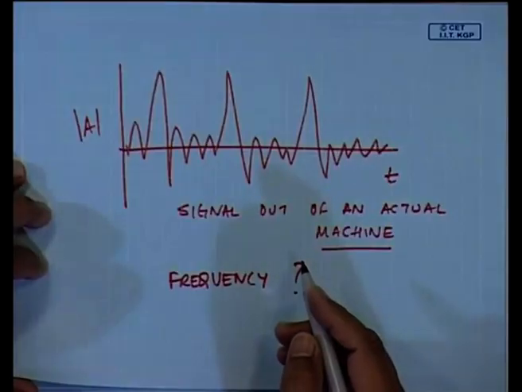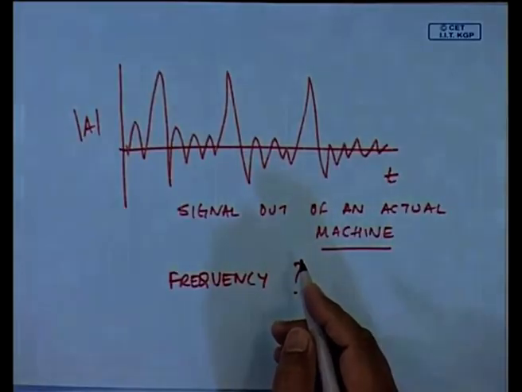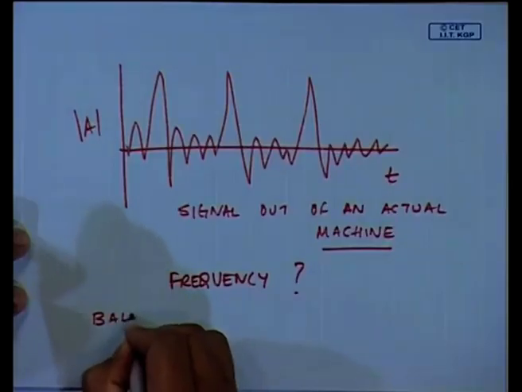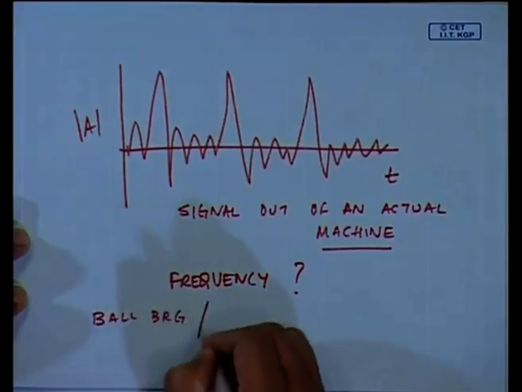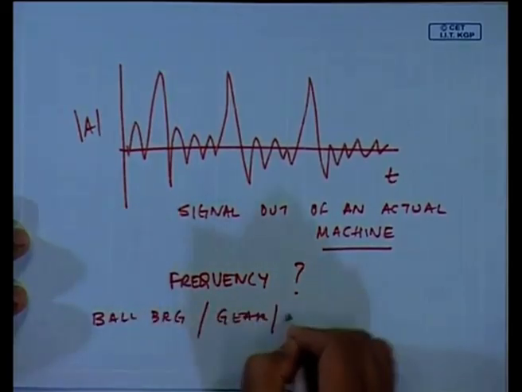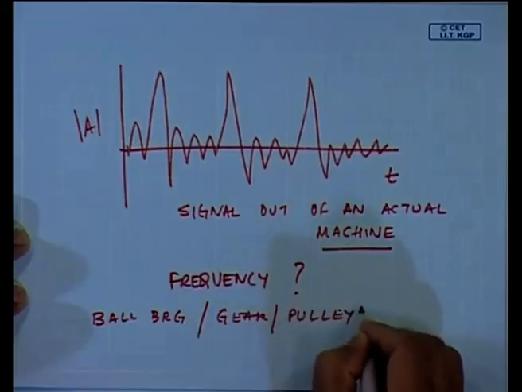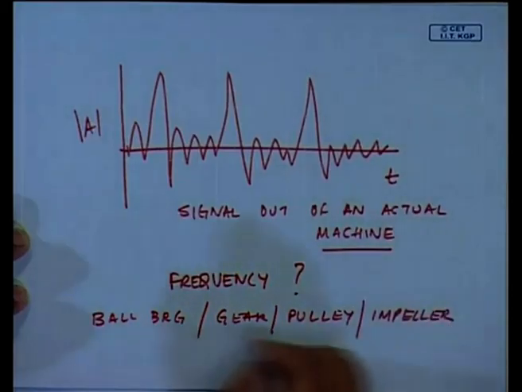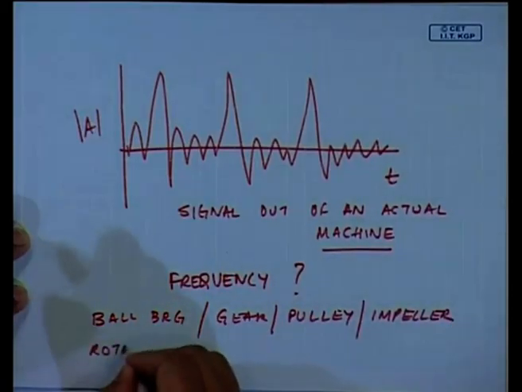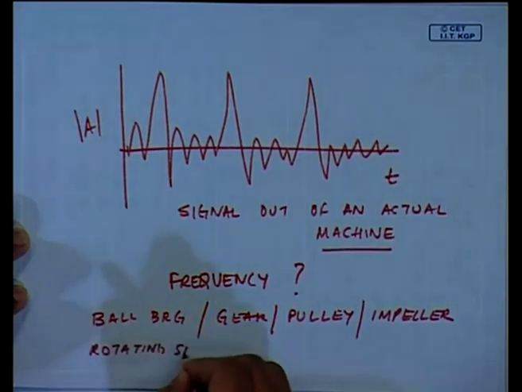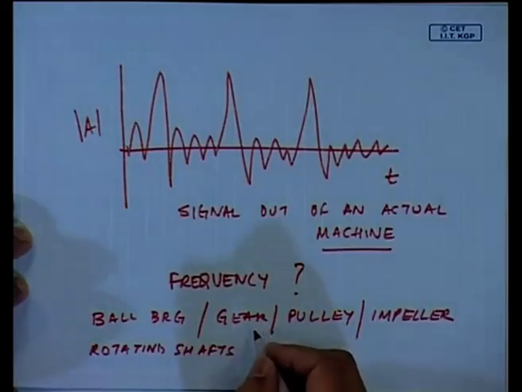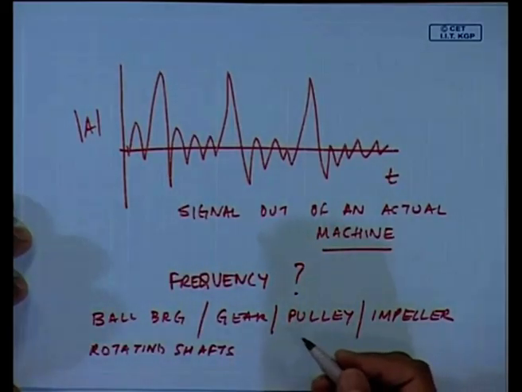Frequency domain signal analysis is important because the signature of a machine component is unique. When I am talking about, say, in a machinery, a ball bearing, gear, pulley, impeller, etc. A rotating shaft itself can manifest in many ways, as an unbalance, as a cracked shaft, as a misaligned shaft, as a loose shaft, as a bent shaft.